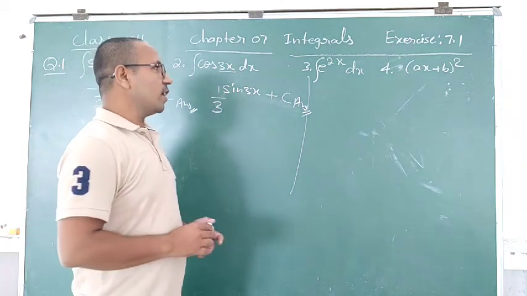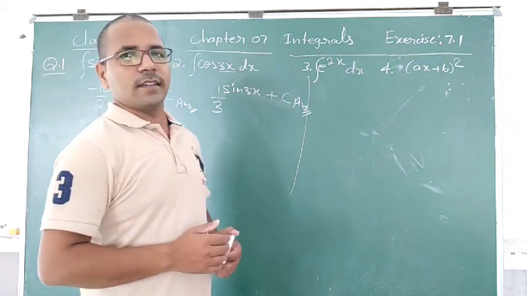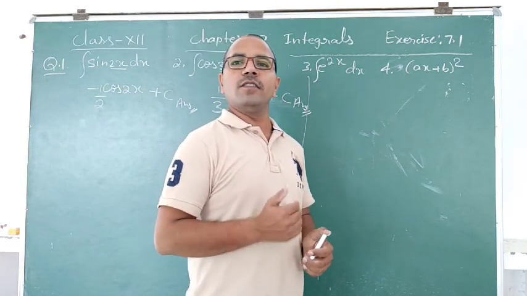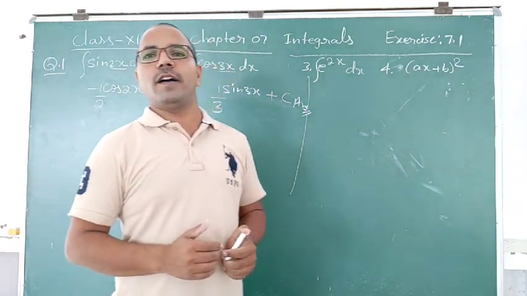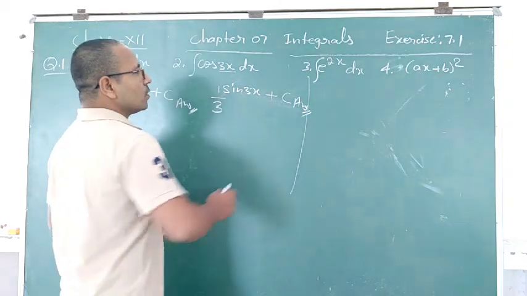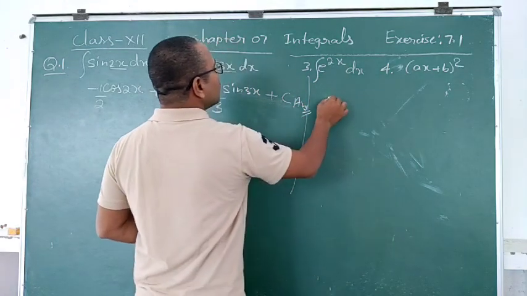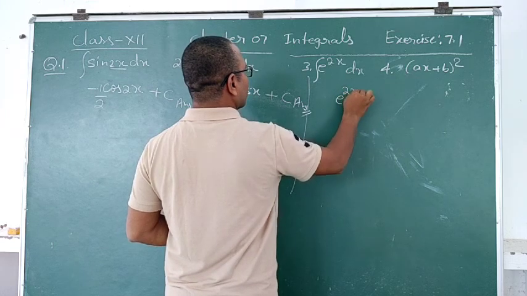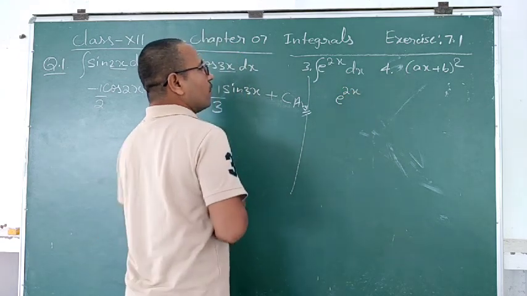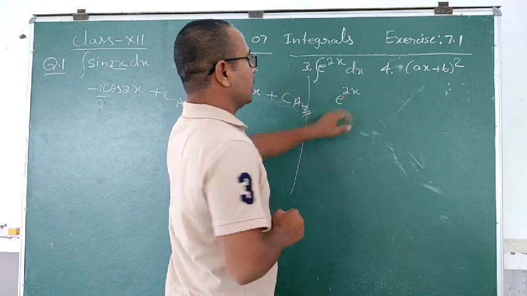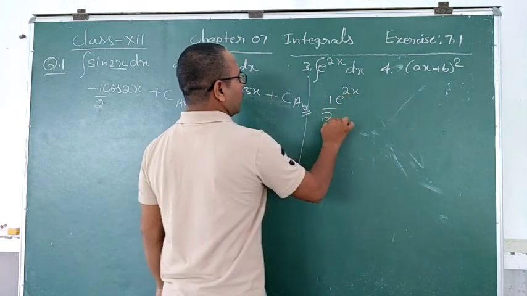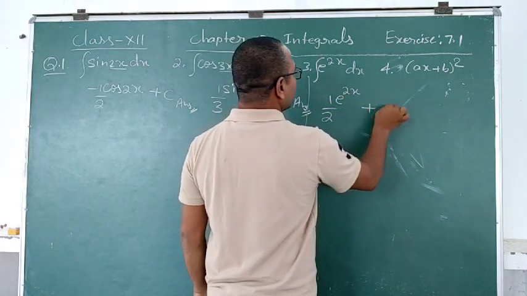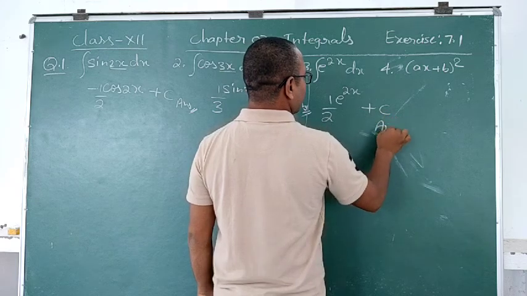Clear students, don't be in confusion. e to the power x gives you the same result in integration as well as in differentiation. So you will get the integral of e to the power 2x here. But what is the coefficient of x? 2 is here, that will go in the division. So 1 by 2 e to the power 2x plus c. This much is the answer.